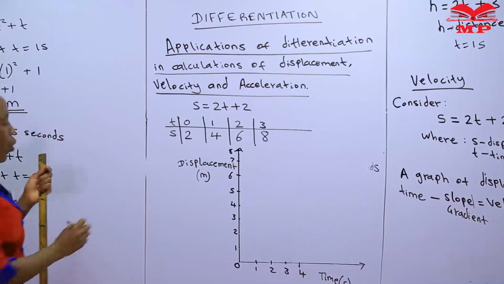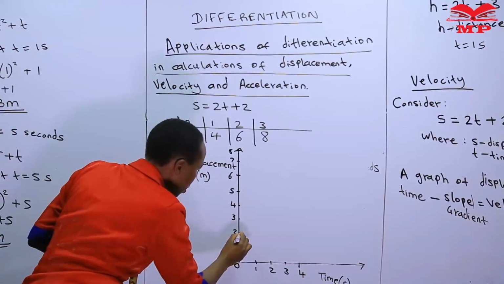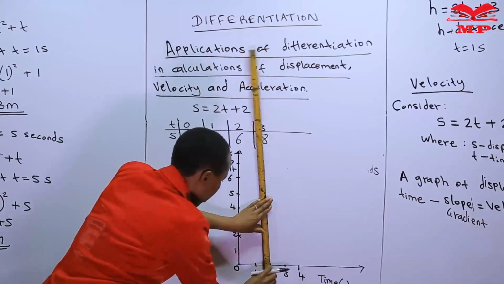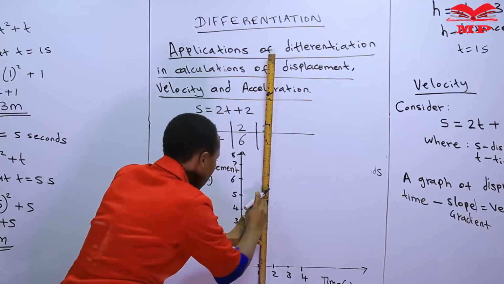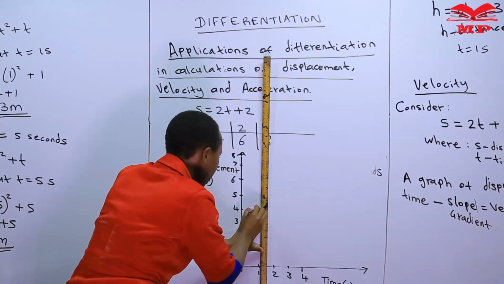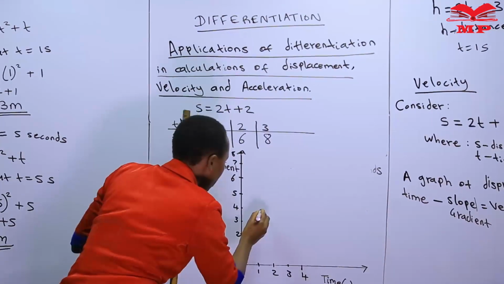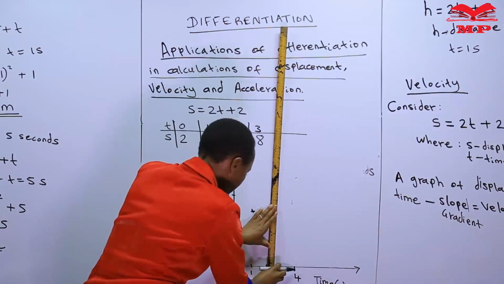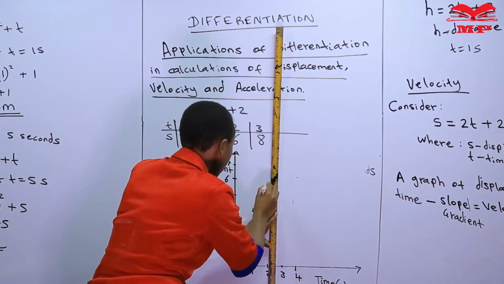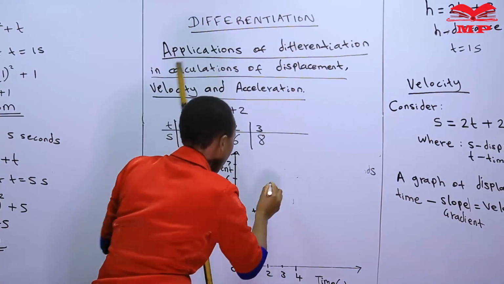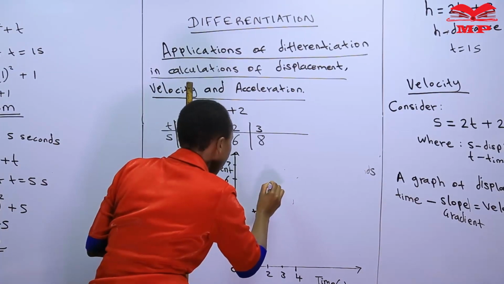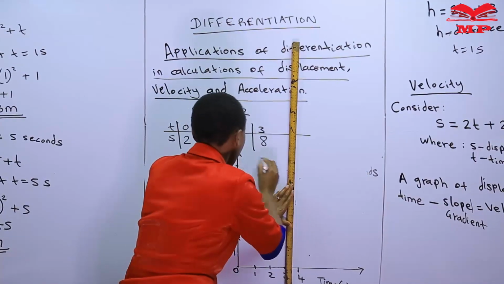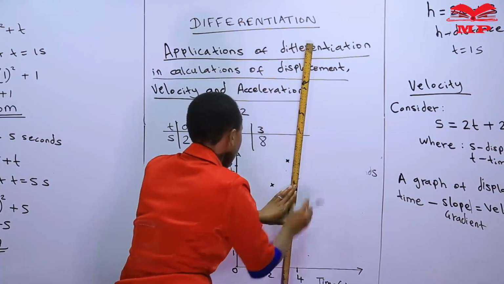Then we plot these points: we have 0, 2, then we have 1, 4. We want to see what the slope is going to give us. Then we have 2, 6 somewhere there, and 3, 8 somewhere there also.